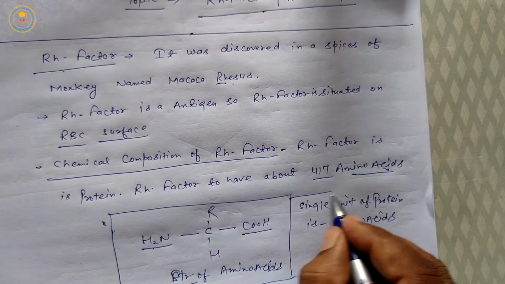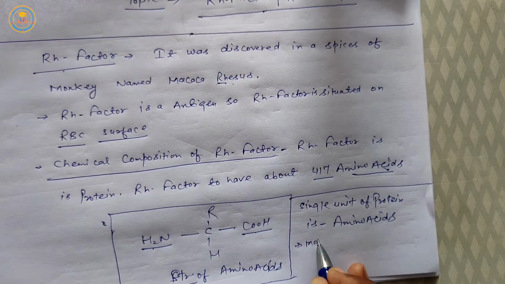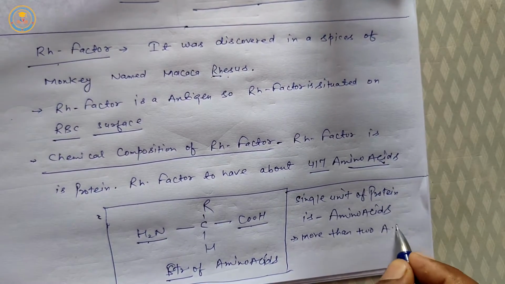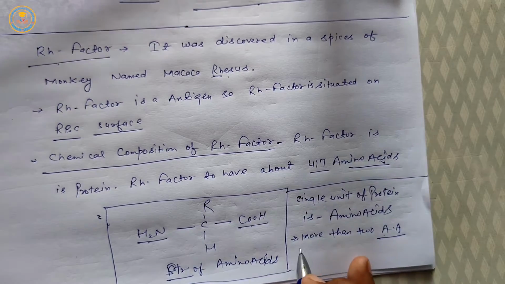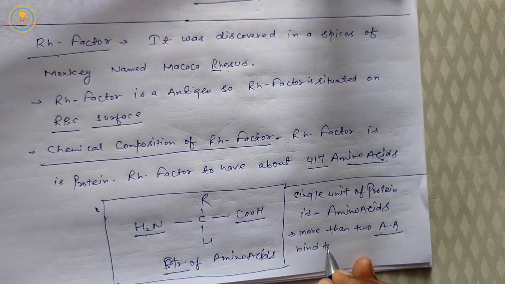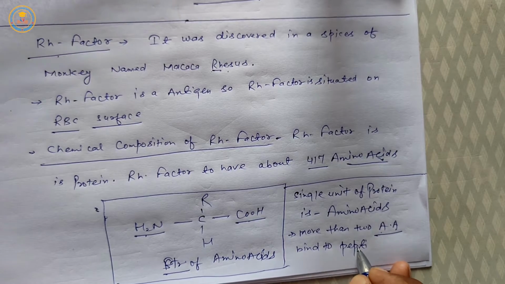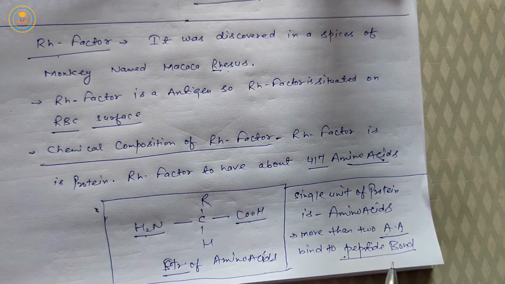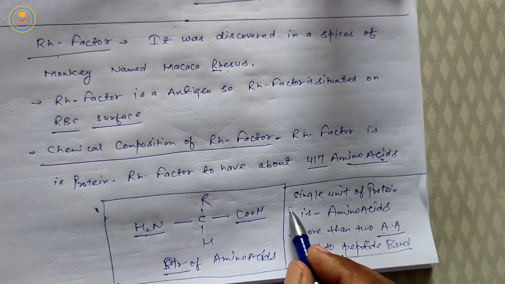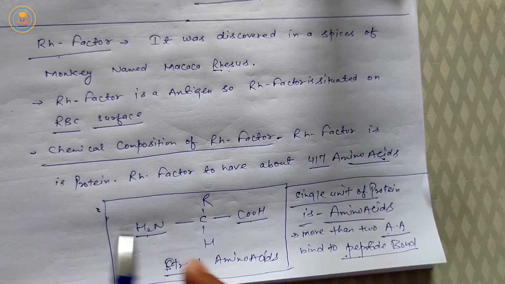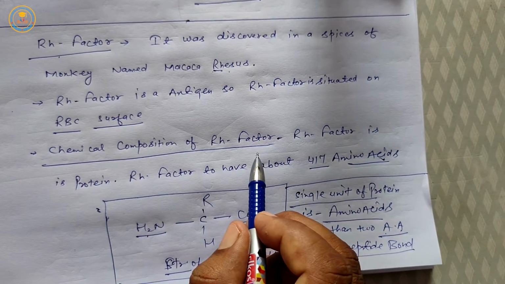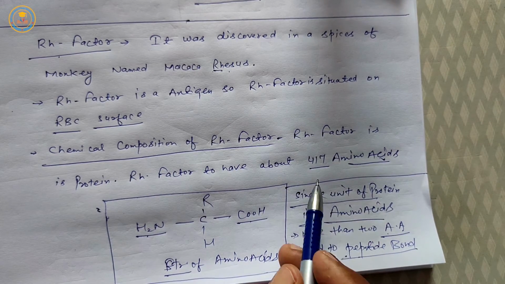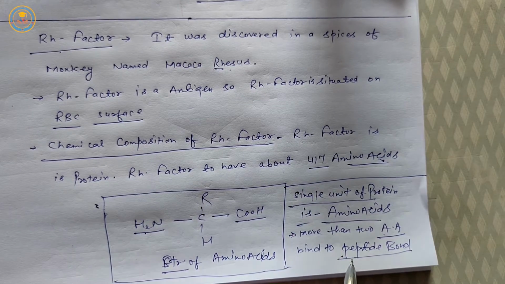When more than two amino acids bind by peptide bonds, it forms a protein. So Rh factor has approximately 417 amino acids, and these amino acids are bound by peptide bonds.